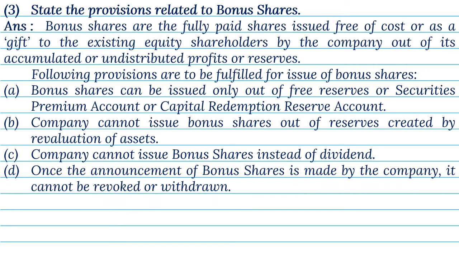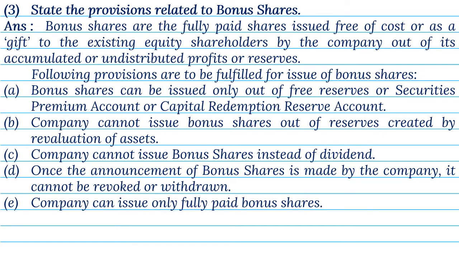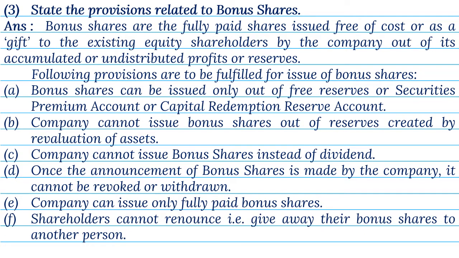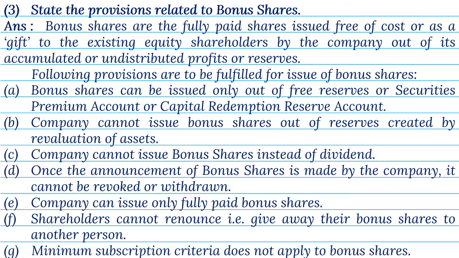D. Once the announcement of bonus shares is made by the company, it cannot be revoked or withdrawn. E. Company can issue only fully paid bonus shares. F. Shareholders cannot renounce, that is, give away their bonus shares to another person. G. Minimum subscription criteria does not apply to bonus shares.